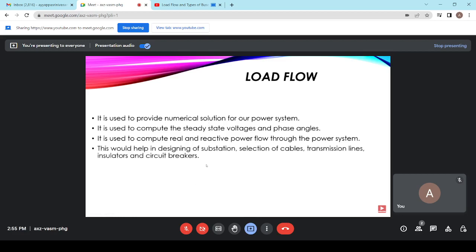All of this will help us in designing of the substation, selection of the cables used, transmission lines, insulators, circuit breakers, etc. Depending on the power flow, the reactive power flow, the current flowing, voltage drop, the information which we get will help us in identifying how to size our cables, size our transmission lines, and select insulators and the circuit breakers for protection.